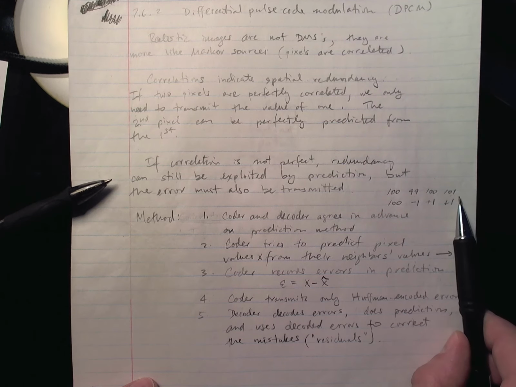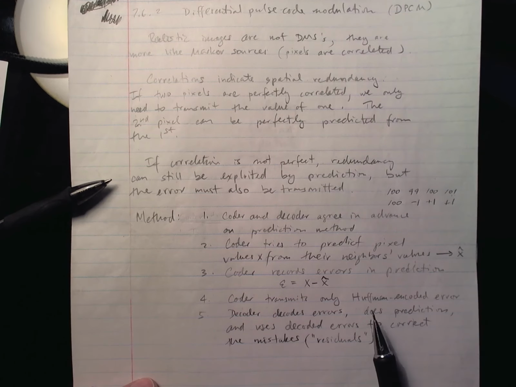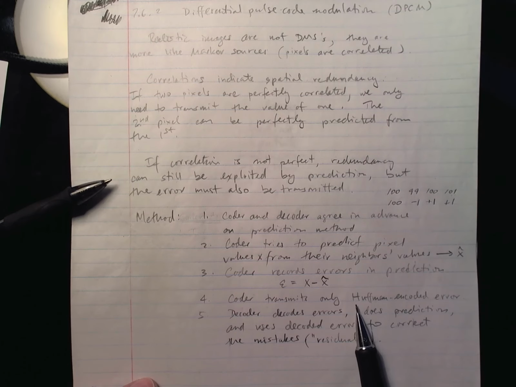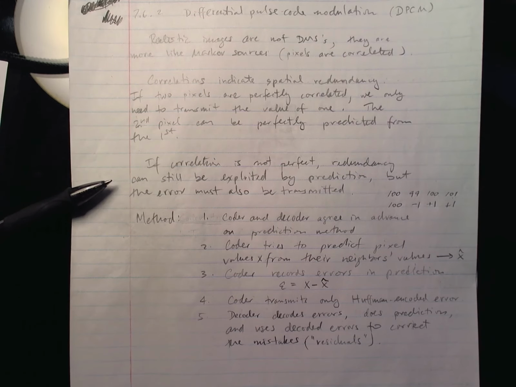Okay, but now we can go even further and now bring in our understanding of coding redundancy. So what we can do is to have the coder, rather than transmitting the errors in their raw form, transmit the errors using Huffman coding. So now we've combined two different redundancy tricks in one scheme.